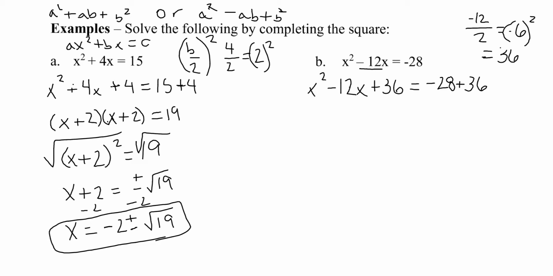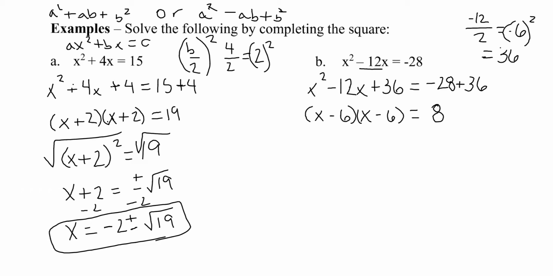Now what I need to do is factor that left side. X squared minus 12x plus 36. That's going to factor to x minus 6 times x minus 6. And it will be equal to negative 28 plus 36 will give me a positive 8.